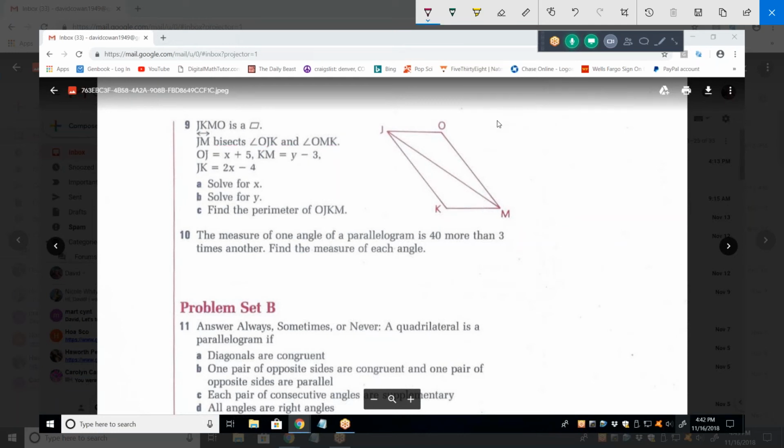Number 10. Okay. How many different angles do we have in a parallelogram? 4. How many different angles do we have? Oh, 2. What should we call them? X and Y?